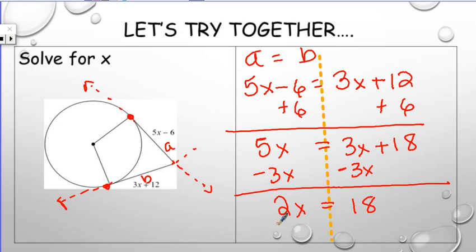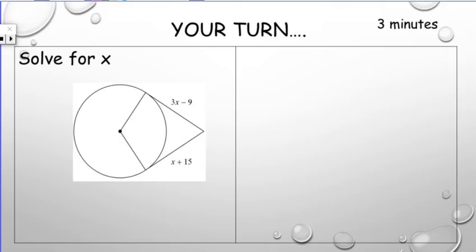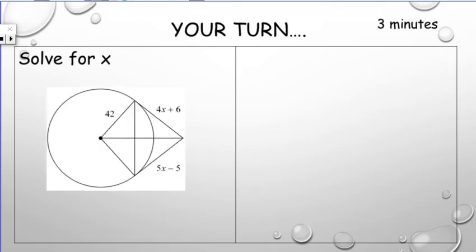So I have my variables on the left and my constant on the right. Now I can go through and divide by the coefficient in front of x. So x here should equal 9. And you can always make sure you're right by substituting this back in, and both sides should equal each other. Okay, so go through, solve the rest of these problems.